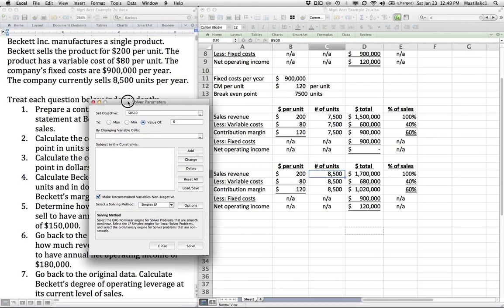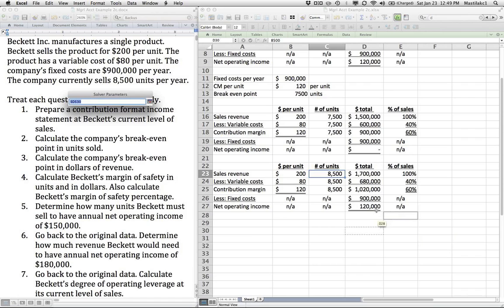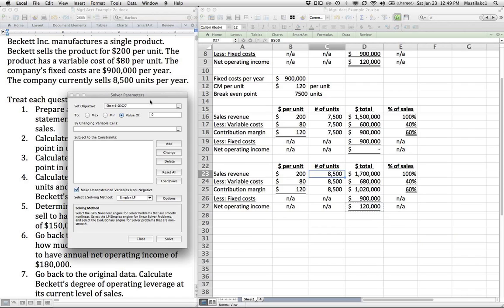What we're looking to do is set an objective, which in this case is going to be cell D27, to a value of 0, by changing variable cells. And here's the variable cell we're going to change: the number of units, C23. So we're going to change this cell in order to get D27 to a value of 0.